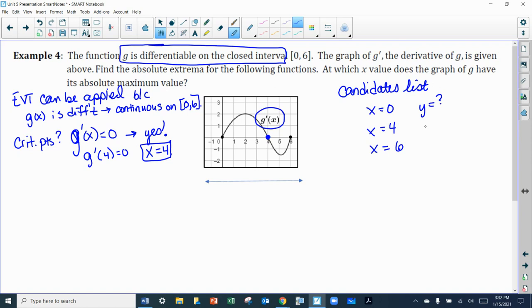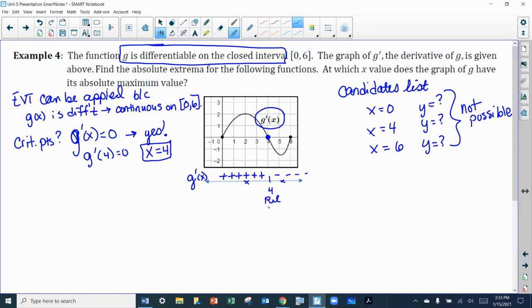Before, we went in and found y values, right? Not possible right now. So what are we going to do? We are going to use some logic. I want to put g prime right here. I'm going to do a little sign chart. We got 4 here. In this region, my derivative is positive, switching to negative.